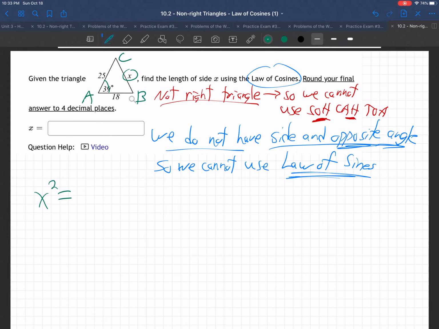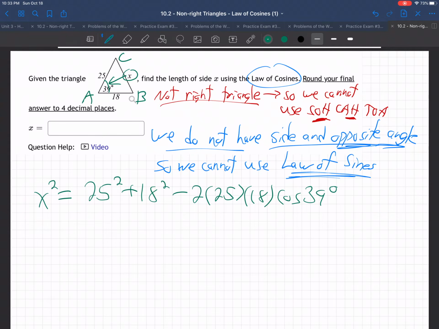So x squared is going to be the other 2 sides squared, 25 squared plus 18 squared, doesn't matter which order, minus 2 times one of them, times the other one, times the cosine of the opposite angle, 39 degrees. See how I came up with that? I know the formula says a squared equals b squared plus c squared minus 2bc cosine of A.